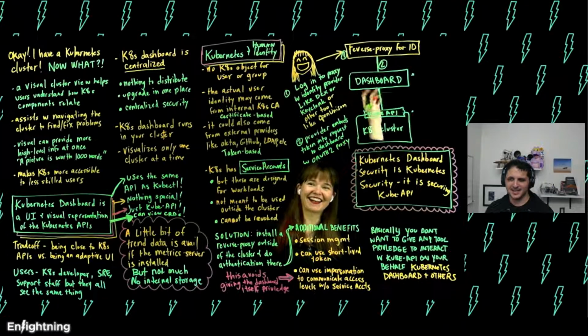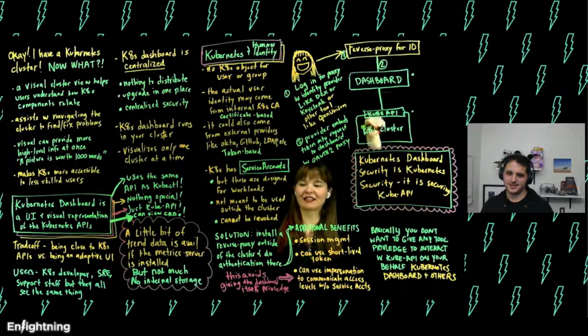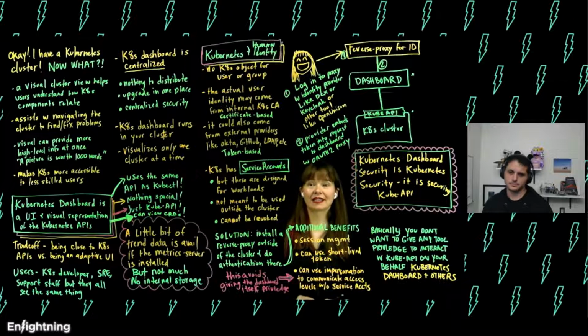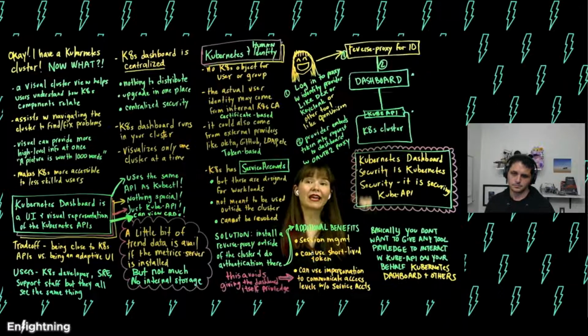There are more benefits to doing it this way. With this way, you can also do session management, which is a difficult problem in Kubernetes. You can use tokens that have a shorter lifespan, which are safer and are less subject to replay attacks. You can use impersonation in a good way to communicate access levels for a dashboard to what users should be able to access.